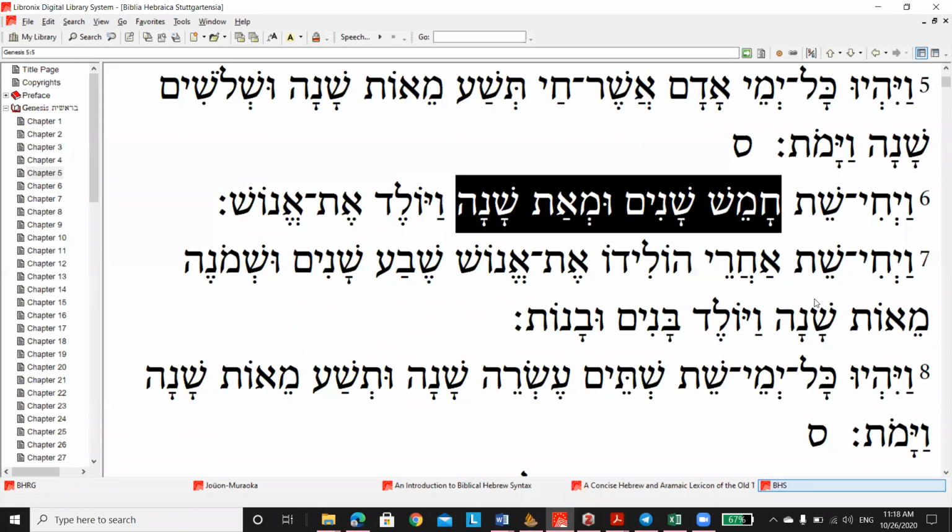Arabic and Hebrew are cognate languages, so there are many similar words in both languages. So Chamesh is 5, like Hamsa in Arabic. And Chamishim is 50.